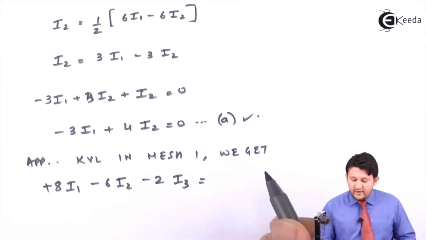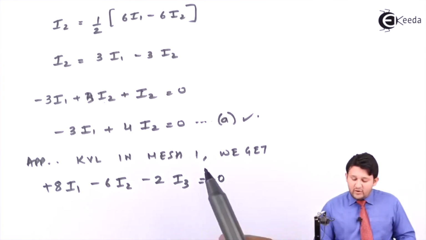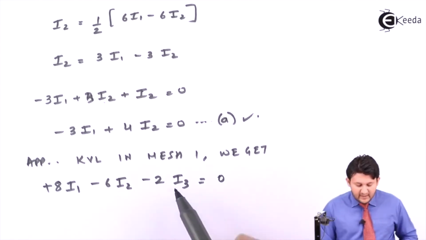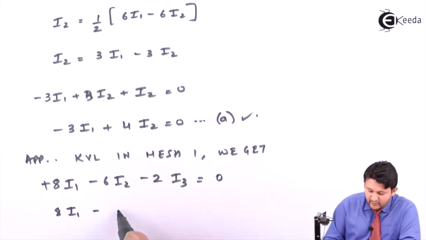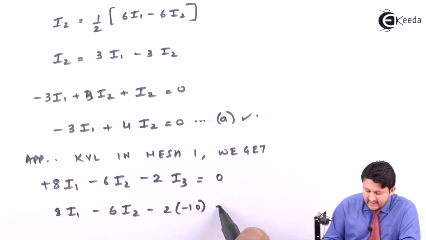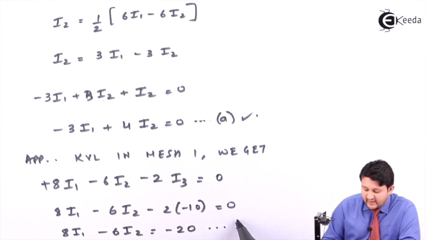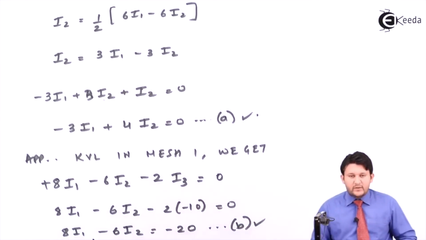In mesh 1, I don't have any voltages, so it is 0. Since I already got the value for I3 in the first case, put the value of I3 directly. The value of I3 which you got was minus 10, so that will be 2 into minus 10. Shift the number towards the RHS, so your value will be minus 20. This will be the second equation. So you've got two unknowns and two equations.